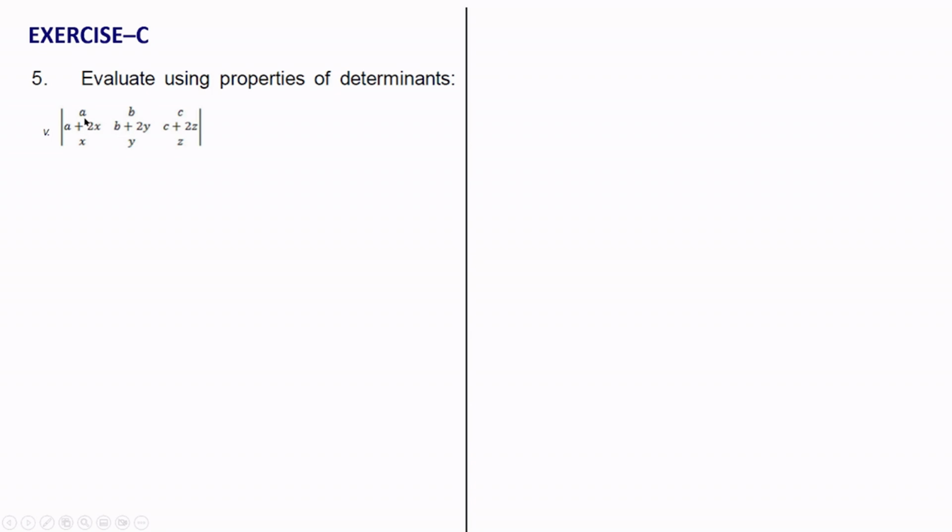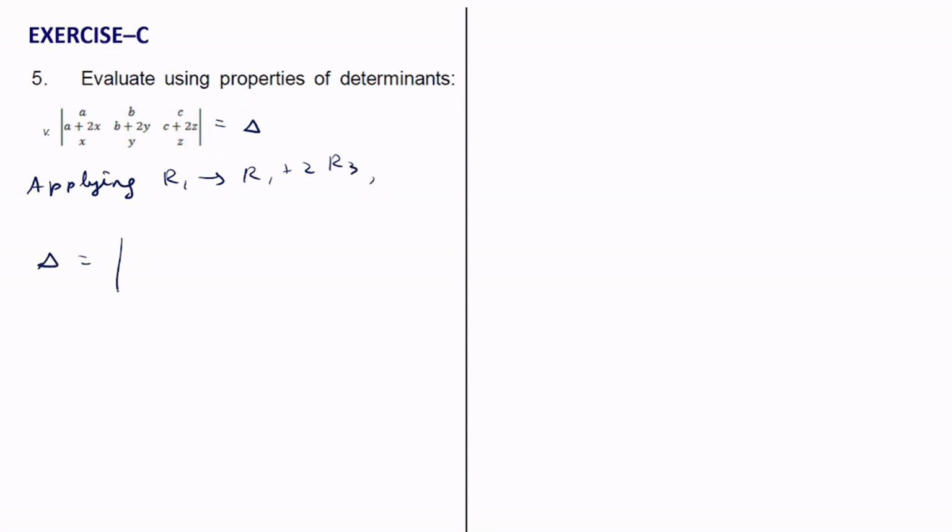Next question. We have determinant of a, b, c, a plus 2x, b plus 2y, c plus 2z, then x, y, z. So let us take this as equal to delta and then apply R1 changing to R1 plus 2 R3.